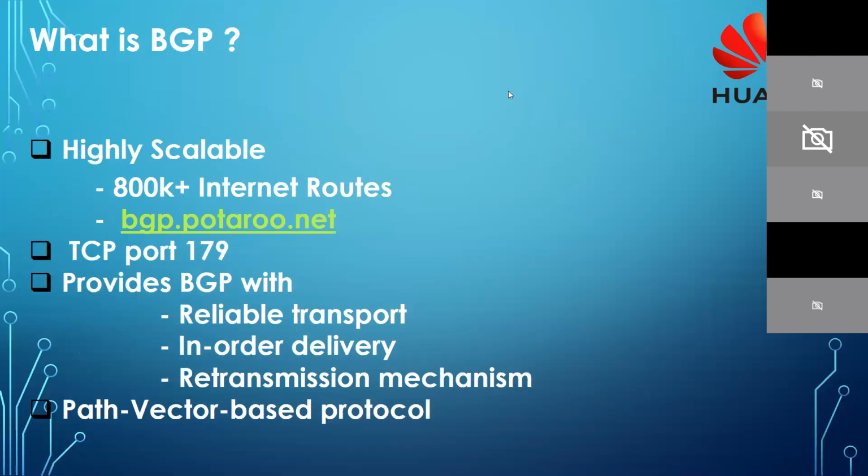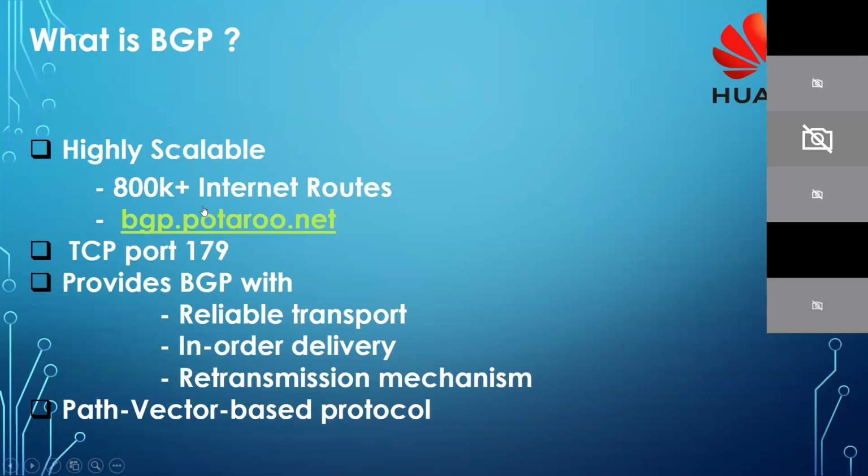So why do we use BGP? We said that BGP is highly scalable. What does highly mean? BGP can handle more than 1 million routes. The internet now, in 2020, has more than 800,000 prefixes.